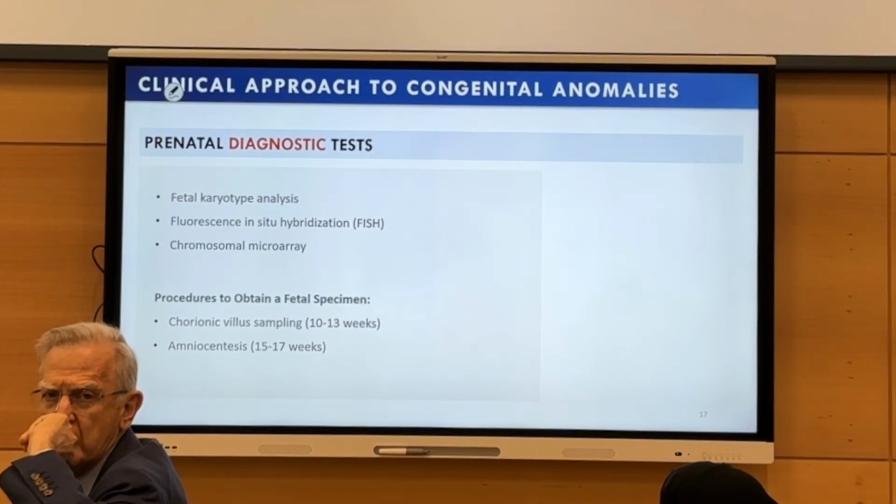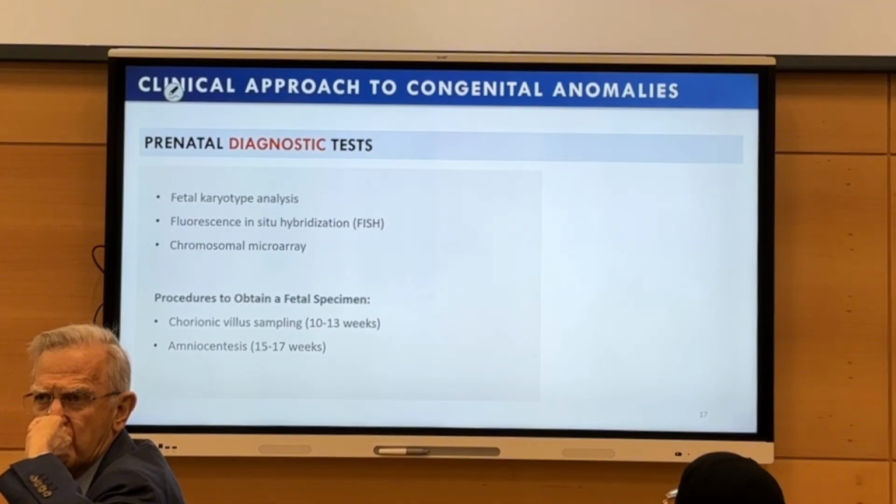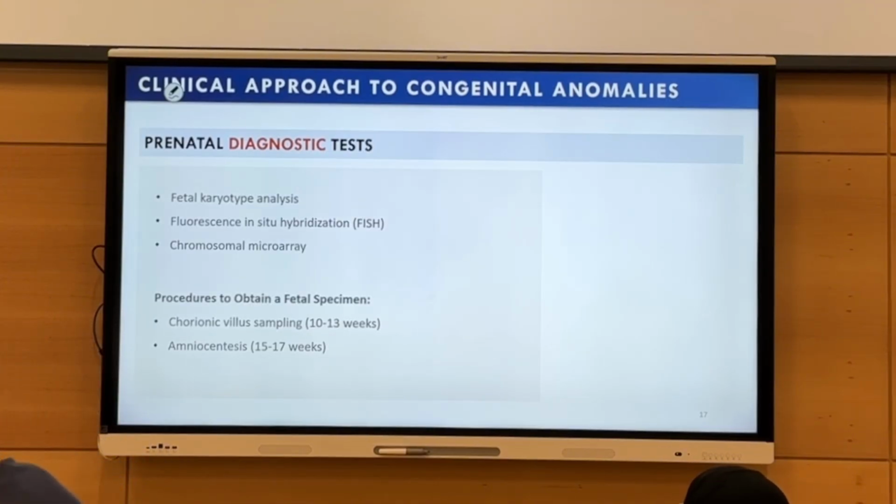But one of the limitations of the array is that it will not detect balanced translocation. Sometimes we have balanced translocation that will be detected by the karyotype, but you cannot get it in the chromosomal microarray. Why?